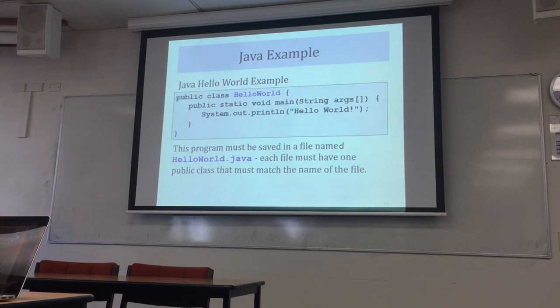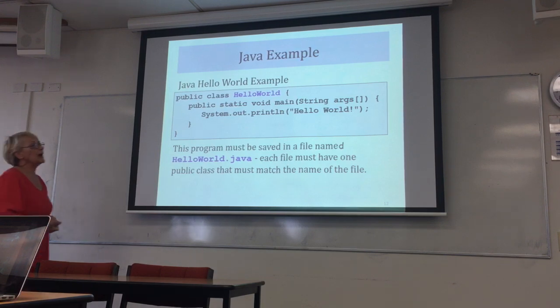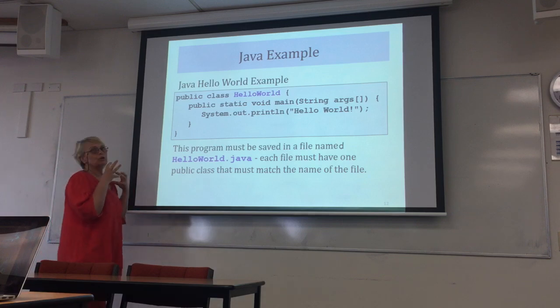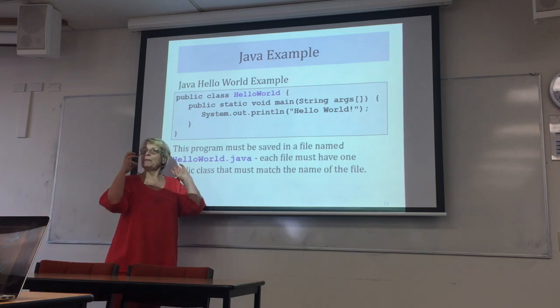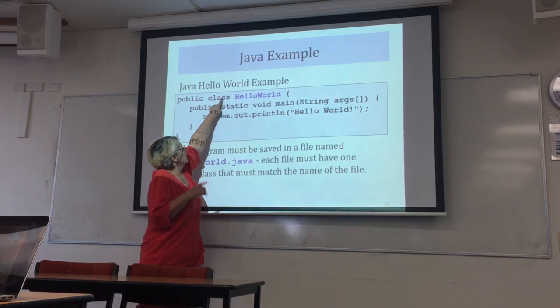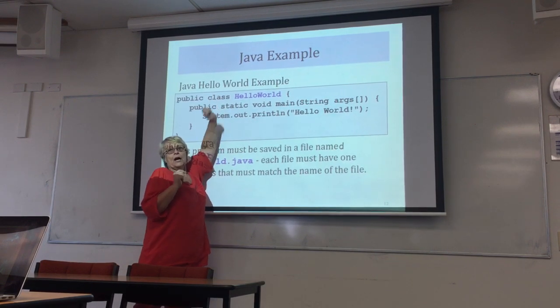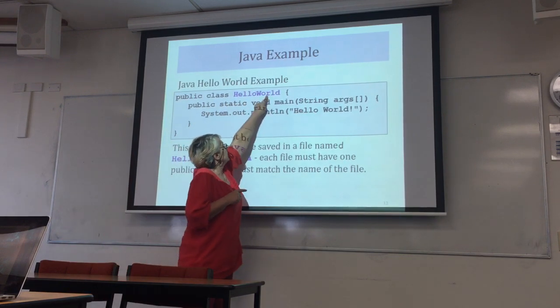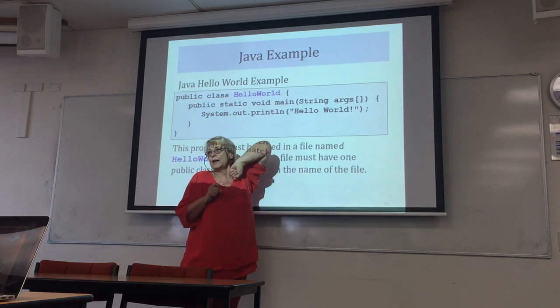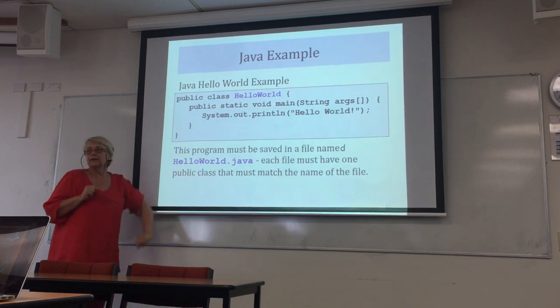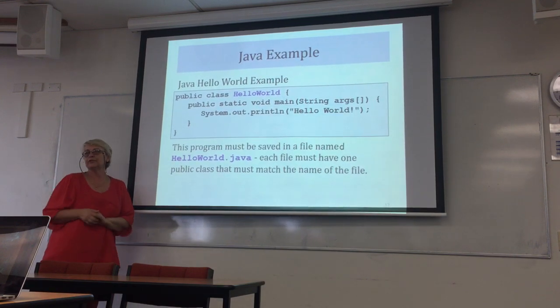Some constraints when you write programs in Java. Normally you will have one class per file. You can put more classes per file, but normally you have one class and the name of the class will be the name of the file. HelloWorld.java will be the name of this file. Everything is implemented inside the class.